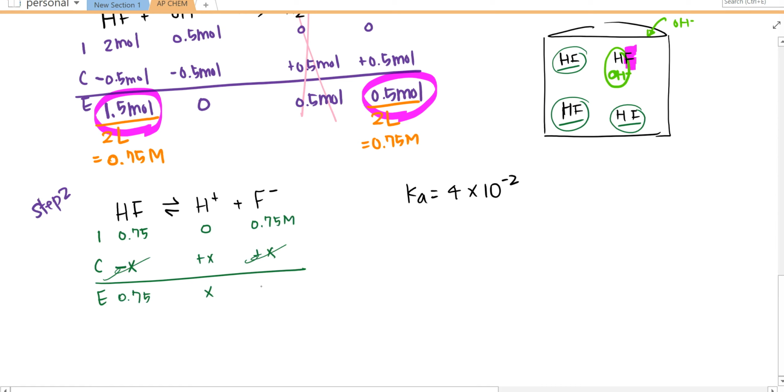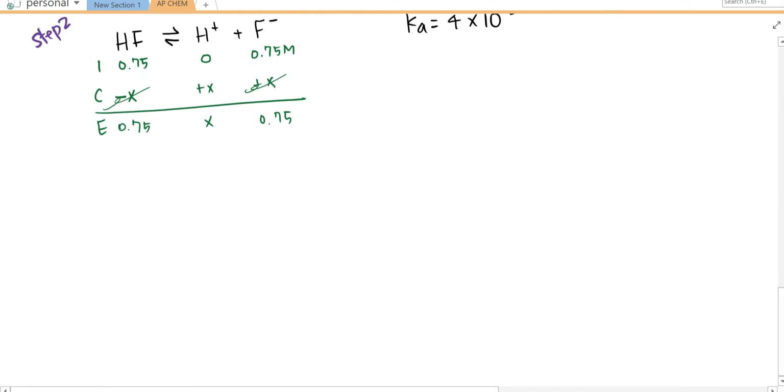0.75 and 0.75. And then what is my step 3? My step 3 is basically going to be using Ka to figure out my x value, right?